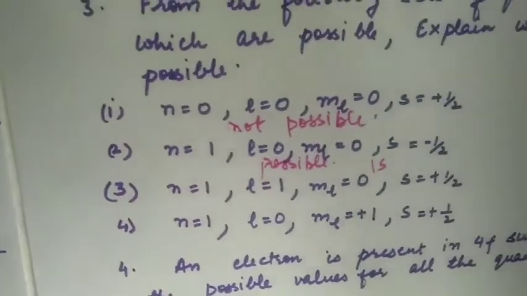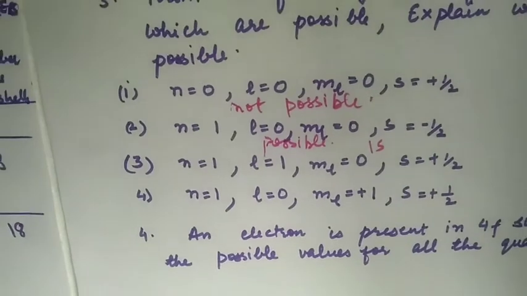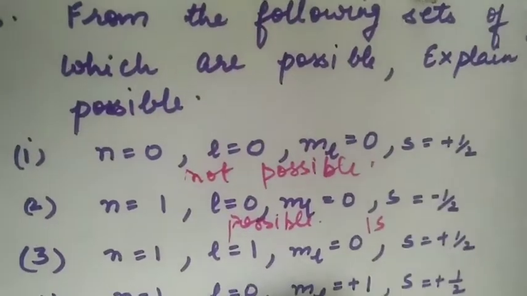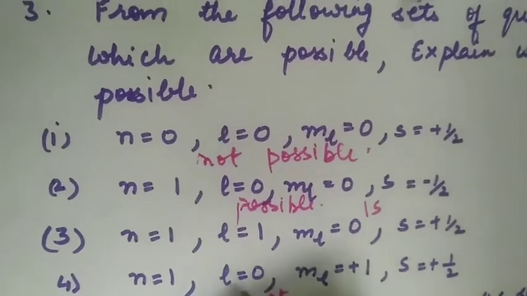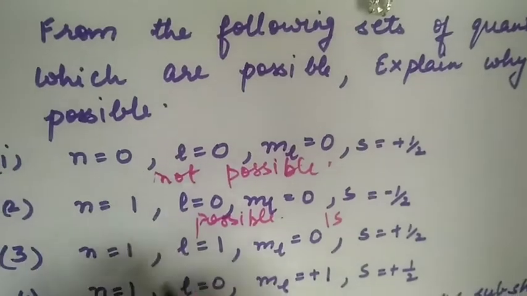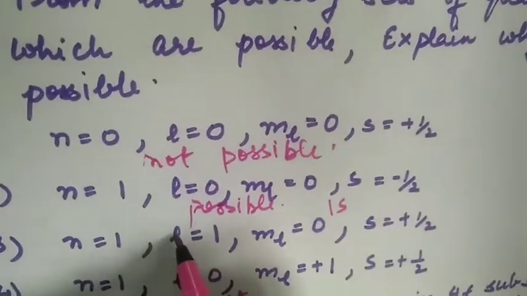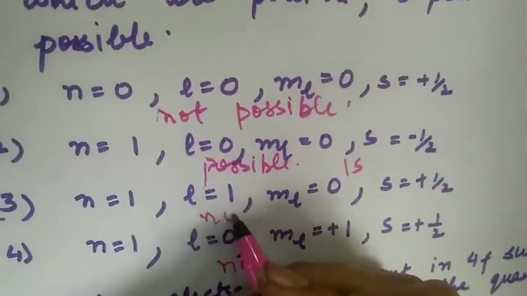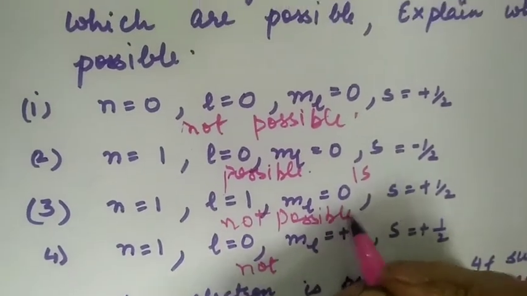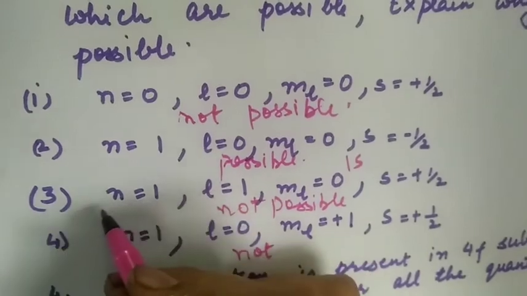Okay, third, whether it's possible or not, n is equal to 1, L is equal to 1. No, we cannot have L is equal to 1 because L is n minus 1 at most. This is not possible. L cannot have the value equal to that of n.